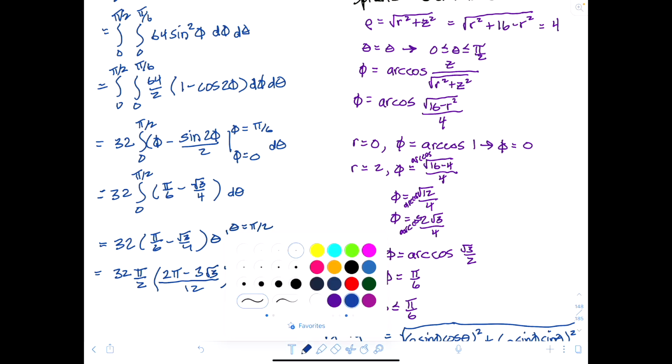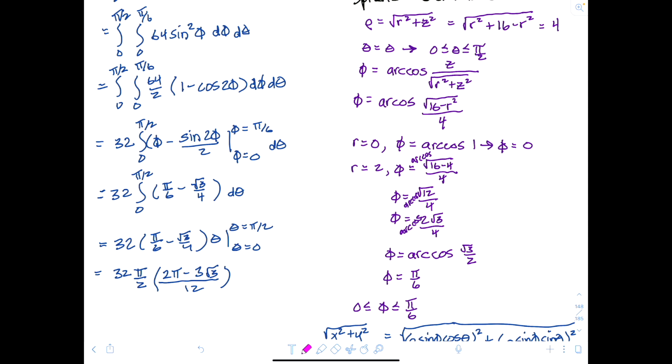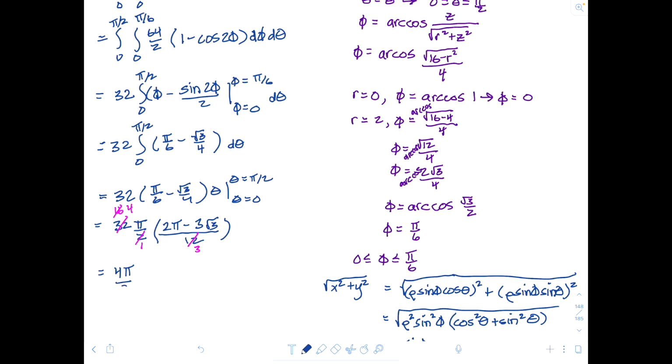And so starting to simplify, the 2 is going to divide out some of the 32. And then 4 divides both of these. So we will get 4 pi over 3 times 2 pi minus 3 root 3.